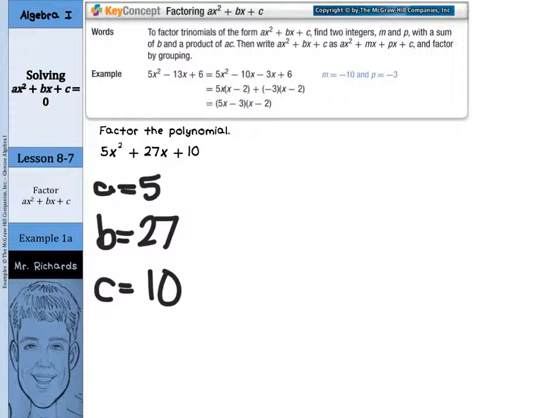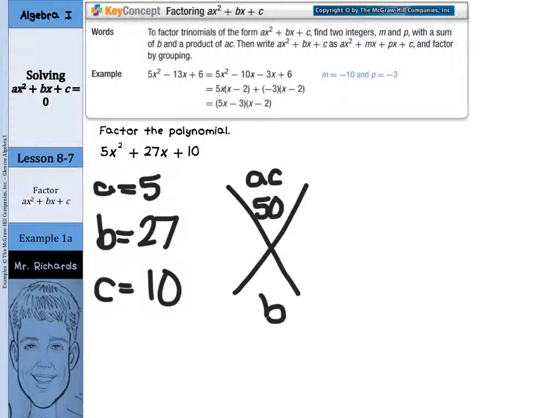Now we're going to use the x box method here. So if I draw myself an x, this is going to be a times c. Down here is going to be my b. Well, a times c in this question is 5 times 10, so that's going to be 50. My b is 27.